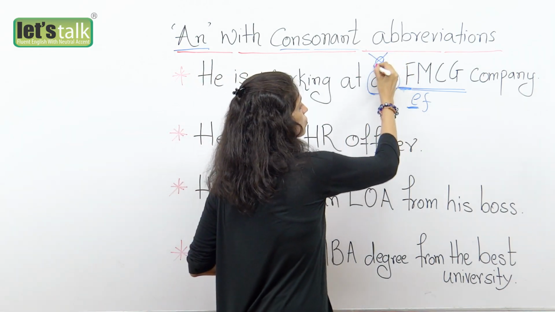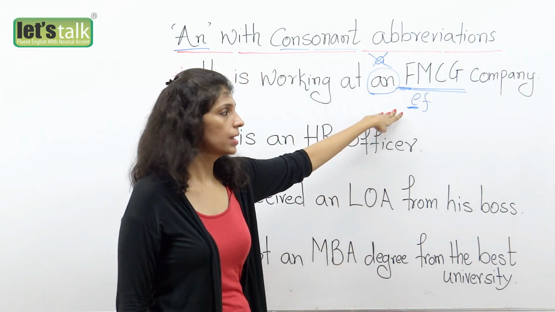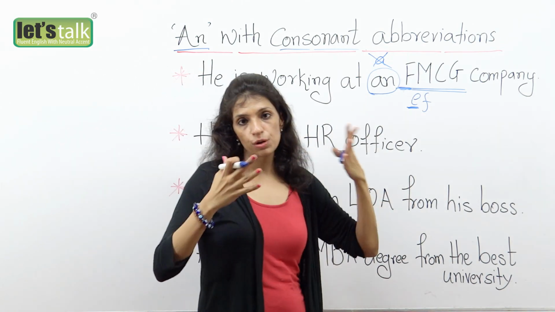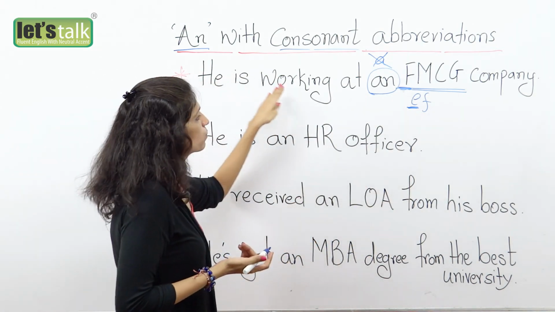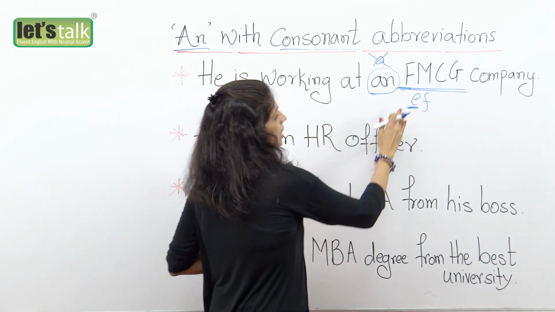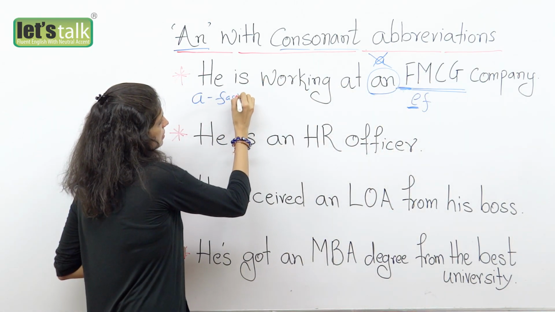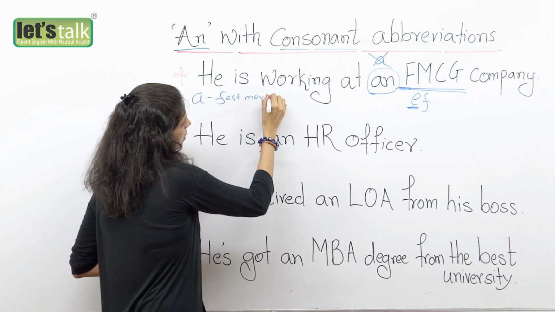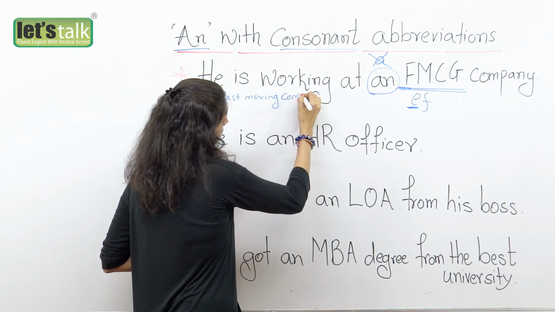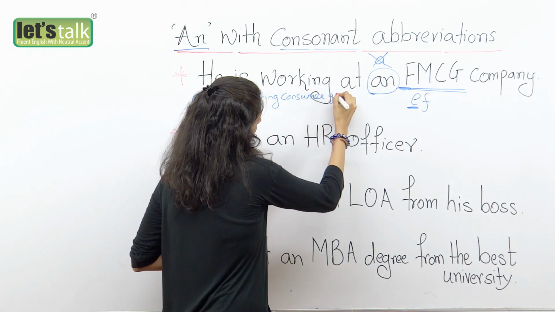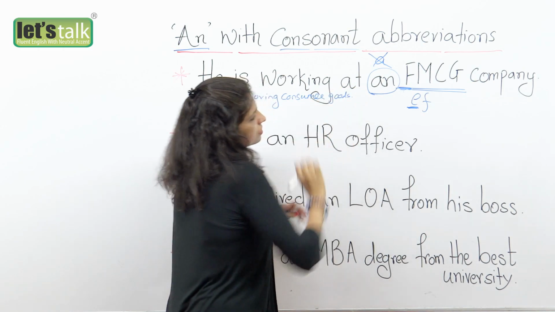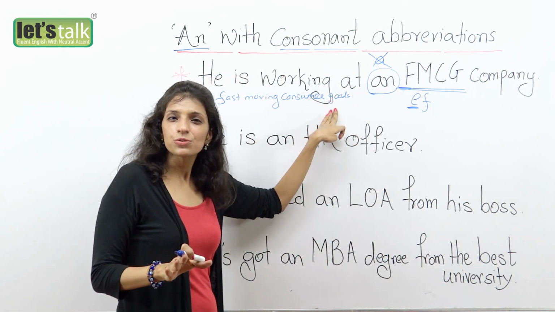So you use an. Okay, but if you say the full form, you say he is working at, for the full form you will say a fast moving consumer goods. But nobody uses this.